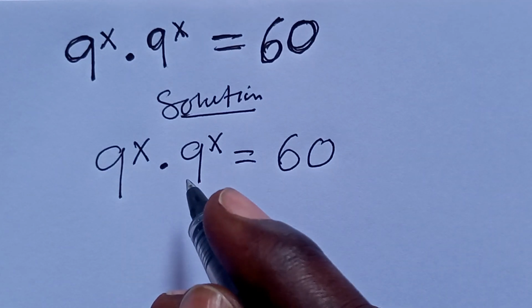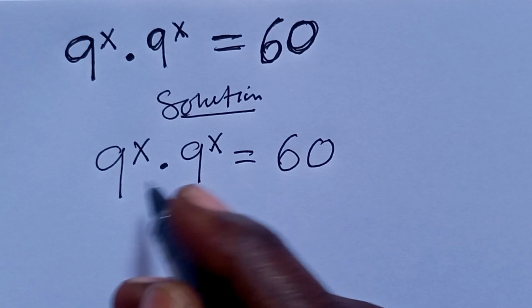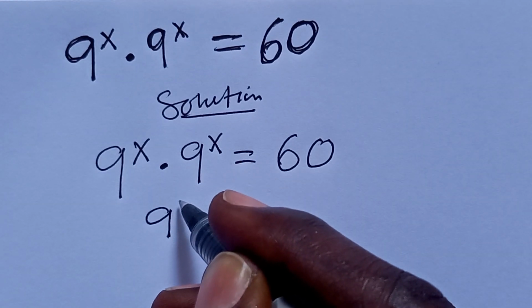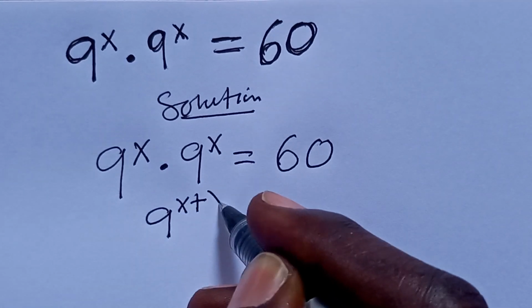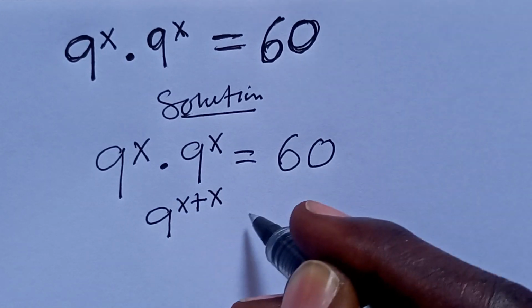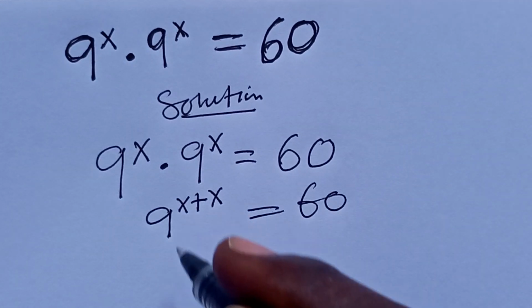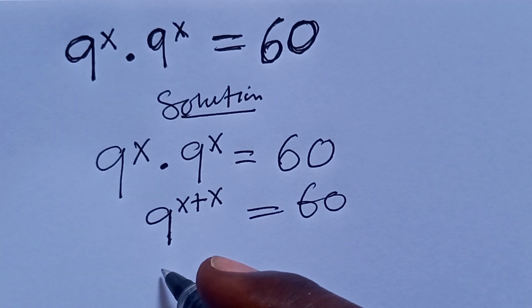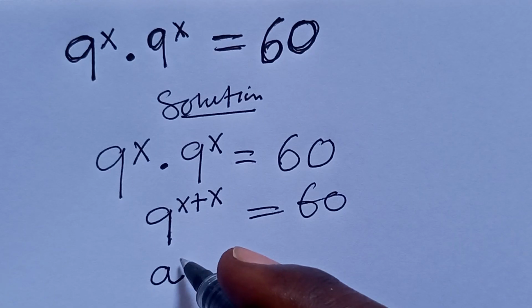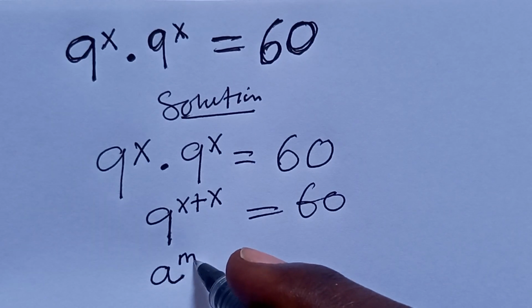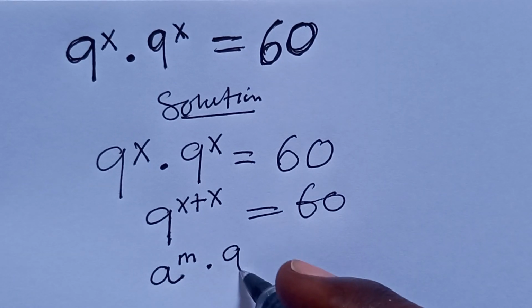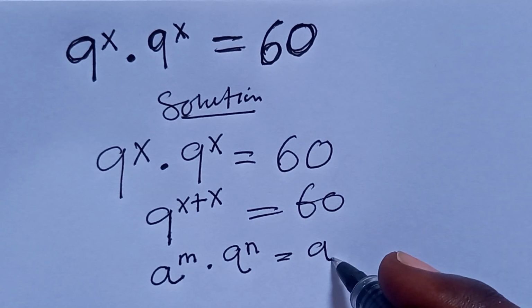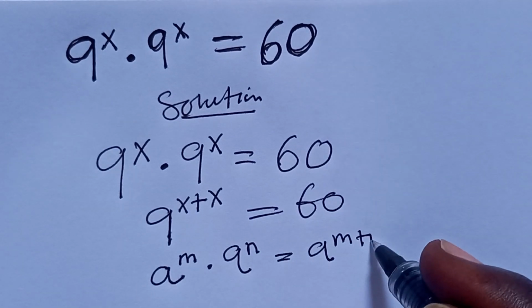Note that from here we have the same base. So pick one of the bases and sum the powers. So we have 9 to the power of x plus x. The reason is that in our indices, a to the power of m times a to the power of n is the same thing as a to the power of m plus n.